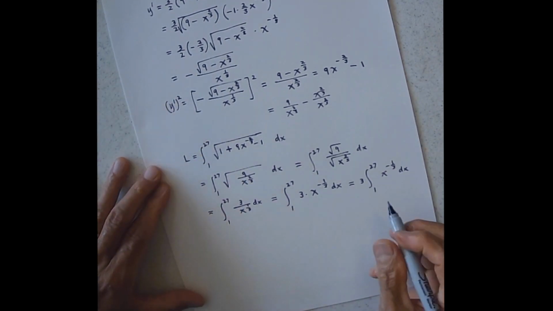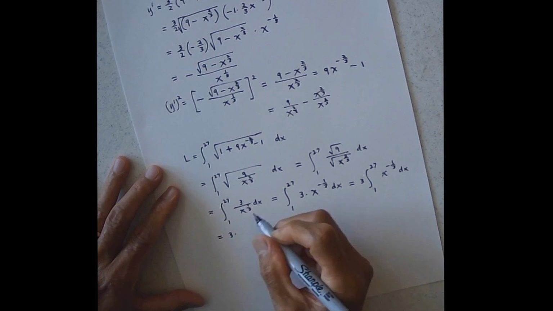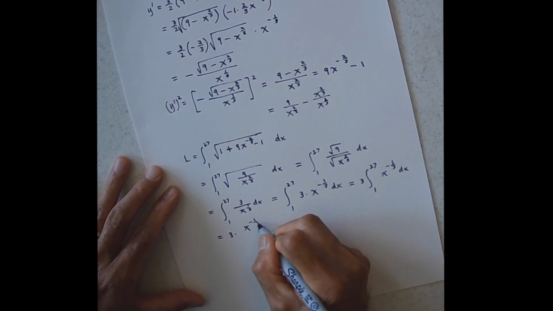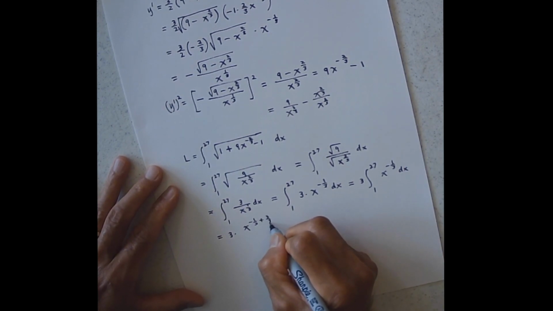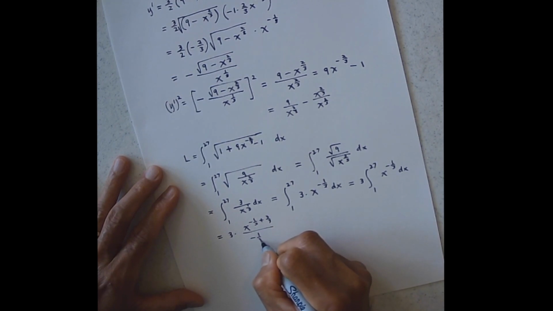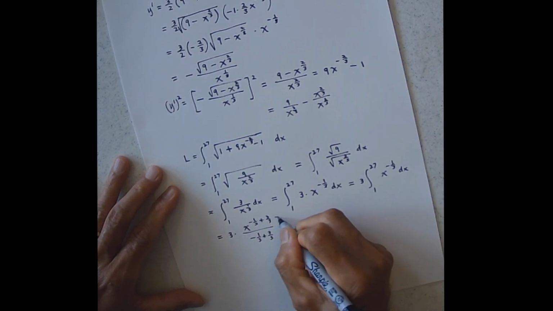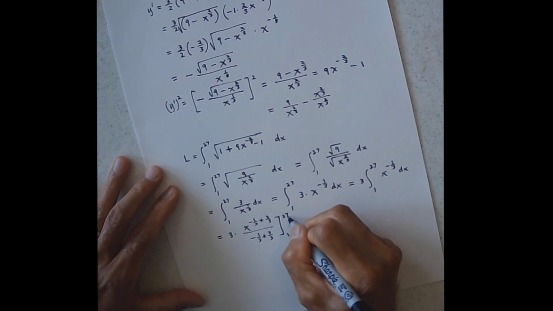Using now the power rule, we get 3 times x to the negative 1/3 plus 1 over negative 1/3 plus 1, evaluated from 1 through 27.